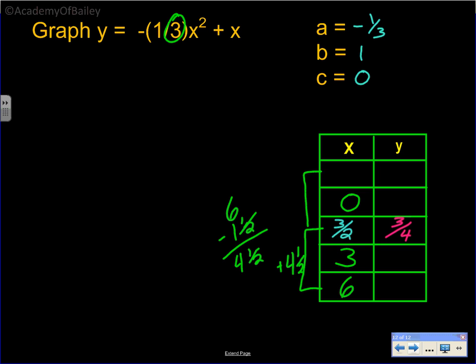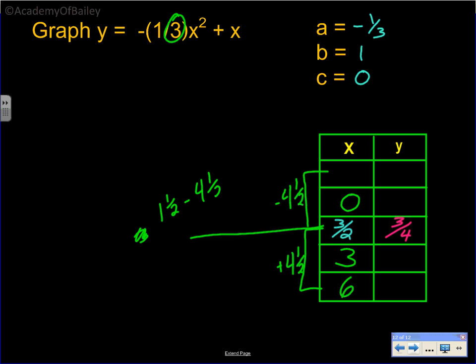So if you add 4.5 to get from the vertex, what should you have to do to find that x value there? You should subtract 4.5. So the vertex is, I'm sorry, 3 halves, which is 1 and 1/2, and you subtract 4 and 1/2 from it.